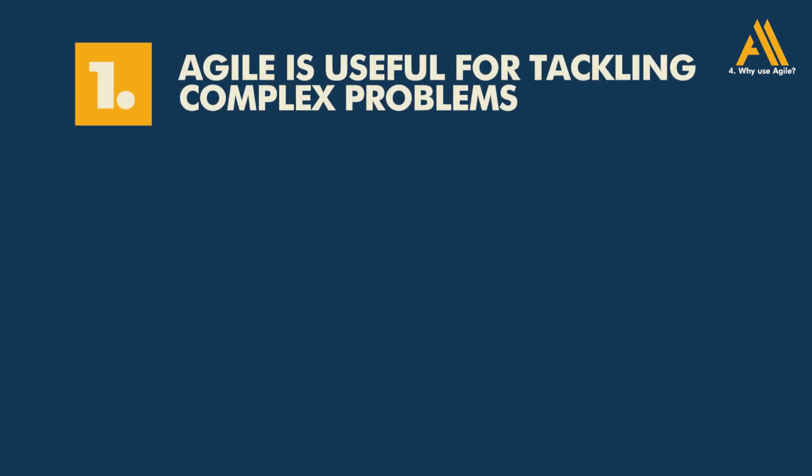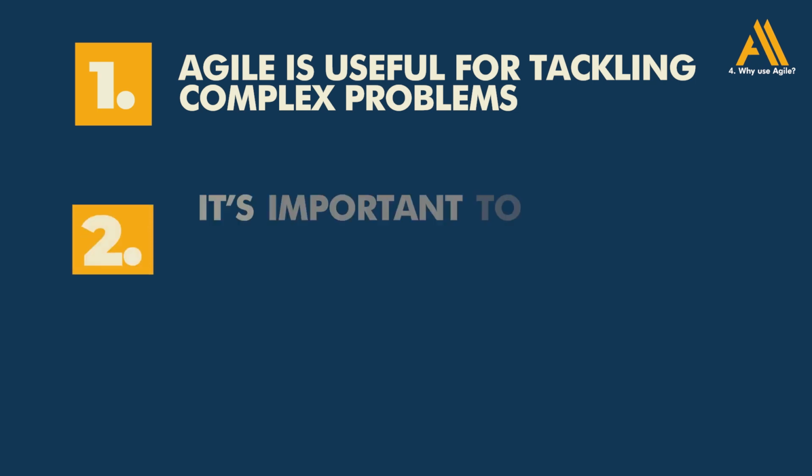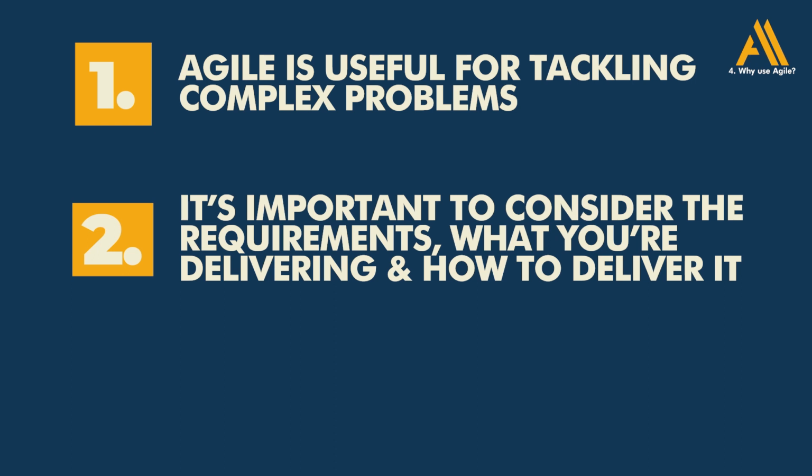So, key takeaways. Key takeaway number 1: Agile can be really useful for tackling complex and chaotic problems and environments. Key takeaway number 2: it's really important to consider the requirements, what it is you're delivering, and then how you want to deliver it.